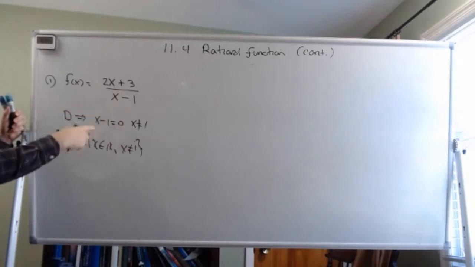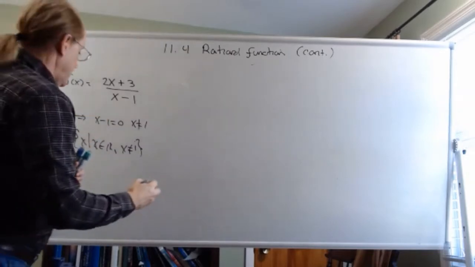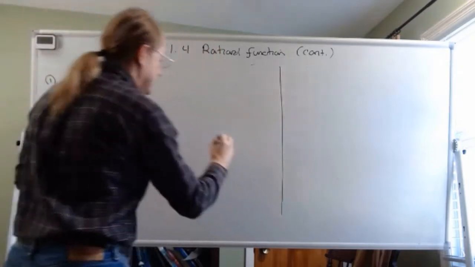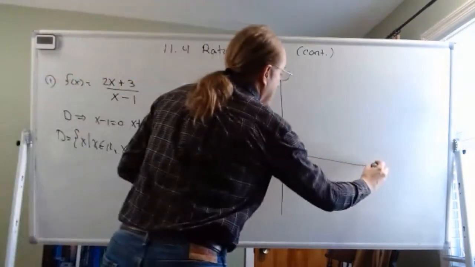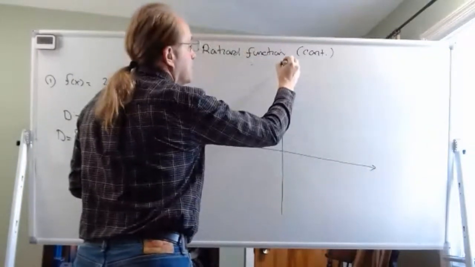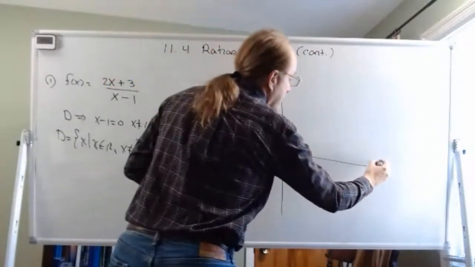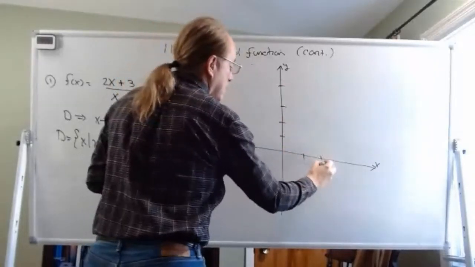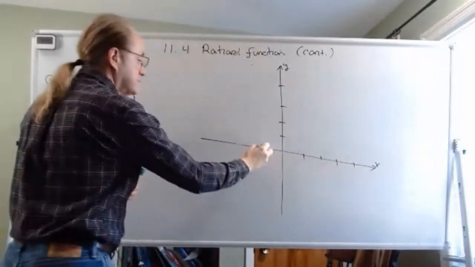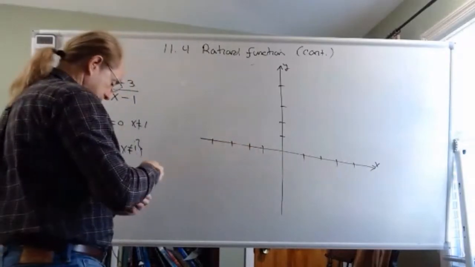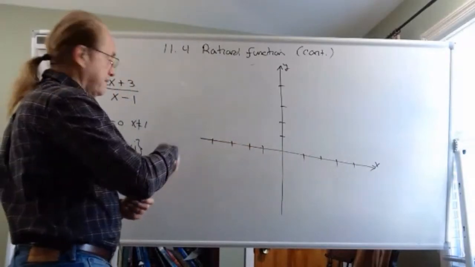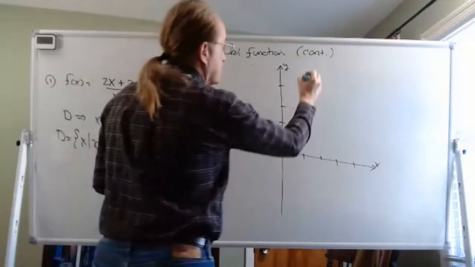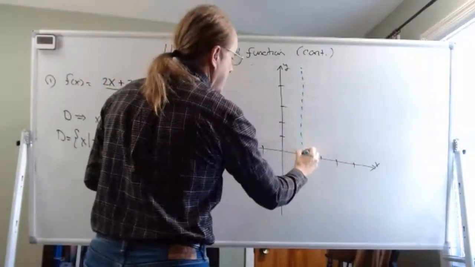When you graph it, you're going to see at x is equal to 1, something like this. If I plug it into my calculator, my graph looks at x is equal to 1 over here. I put it in as a line over here.